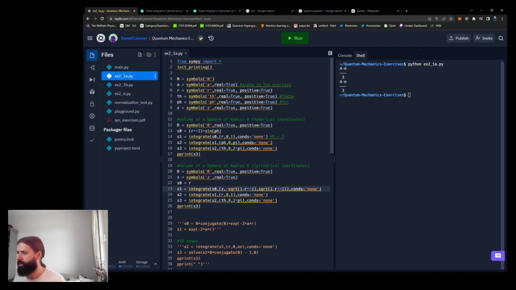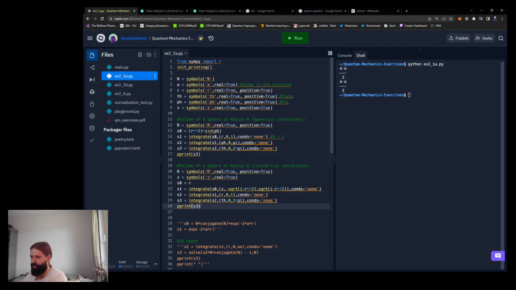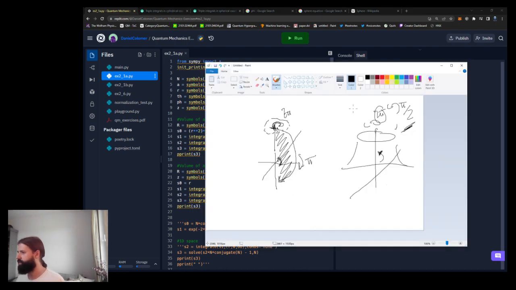Now, I think the trick here is going to be the following. So now I have this. And so I think the easiest is to use cylindrical coordinates in this case, because it's got a z symmetry. It's got this symmetry here.